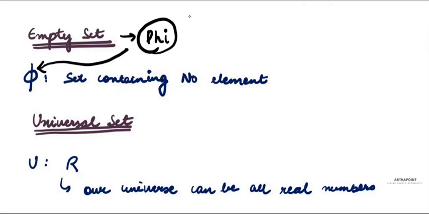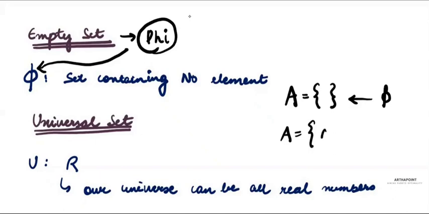Now, let's consider this. If I write A like this, and I don't write anything in between, then A is an empty set. But if I write A like this, A has an element which is 0, then A is not empty. It has an element in it whose value is 0. So please understand the difference. Empty means no element in it. If you have an element in it, irrespective of whether it is 0 or any other number, then it is a non-empty set. It is not empty.